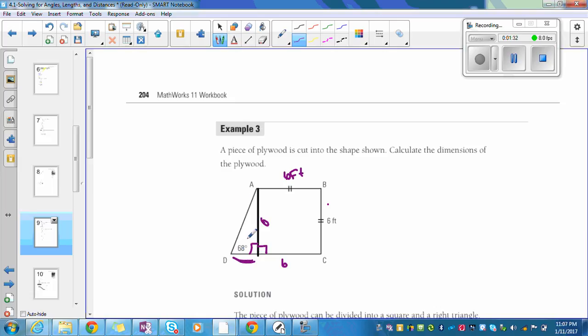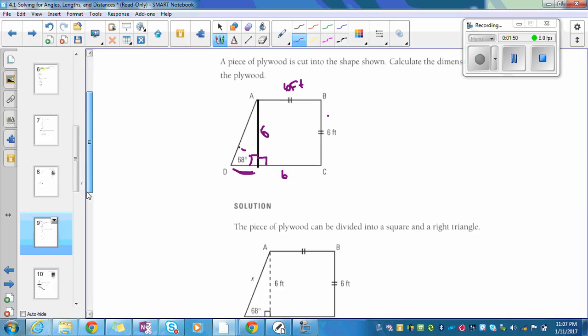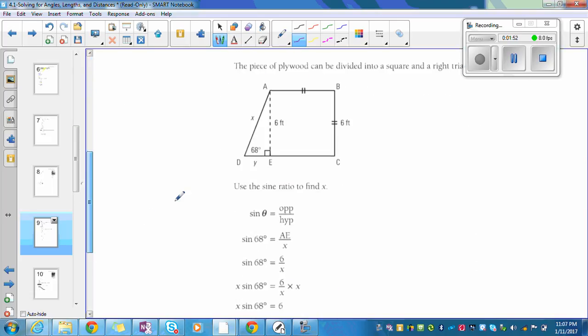And to figure out this other side length AD, I can use this right triangle with angle 68 and opposite side 6 here. AD would be the hypotenuse because it's across from the 90 degrees. So if we take a look here, this is exactly what they're telling us to do. We cut the triangle out of that shape so we can see that right triangle.